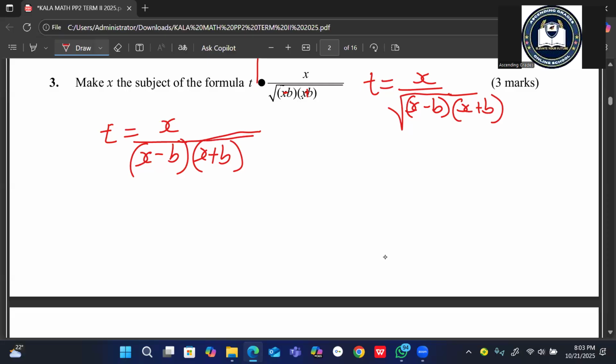So first of all, we have to square both sides so that we can remove this root.